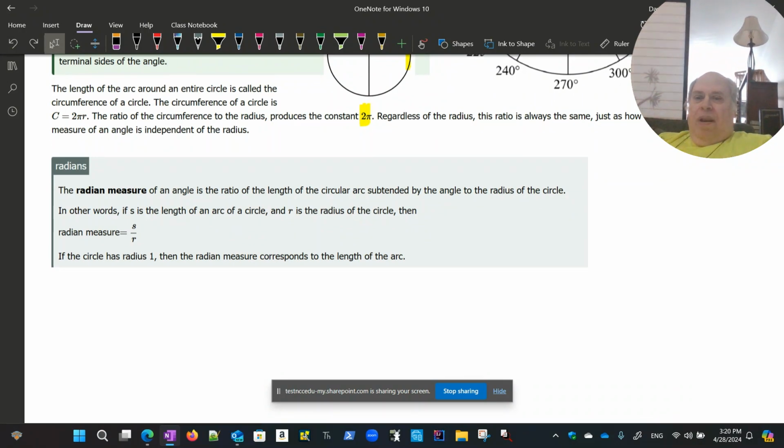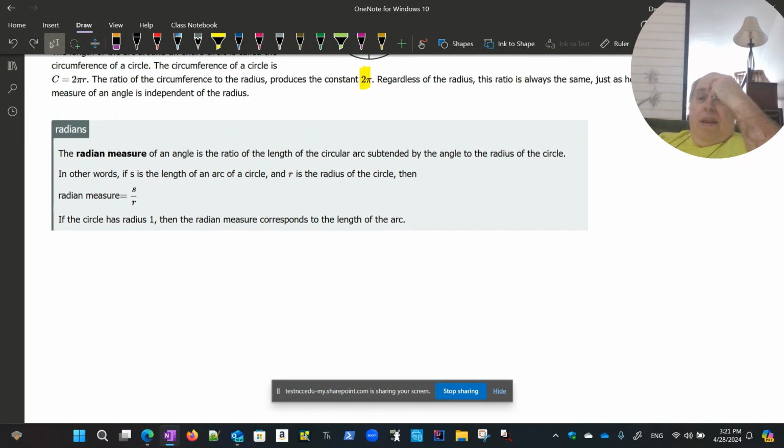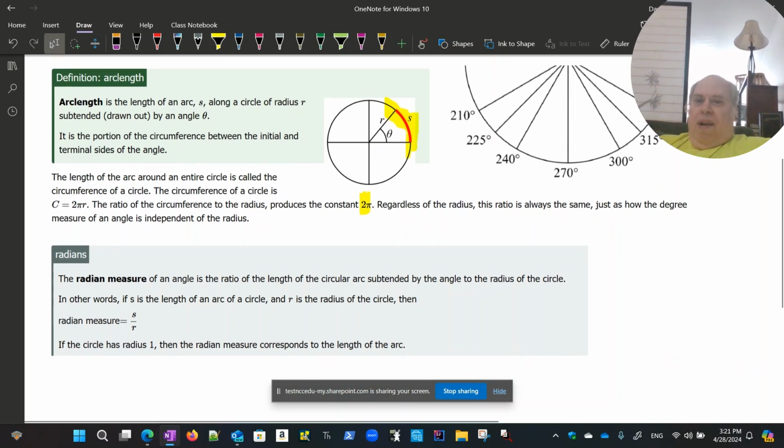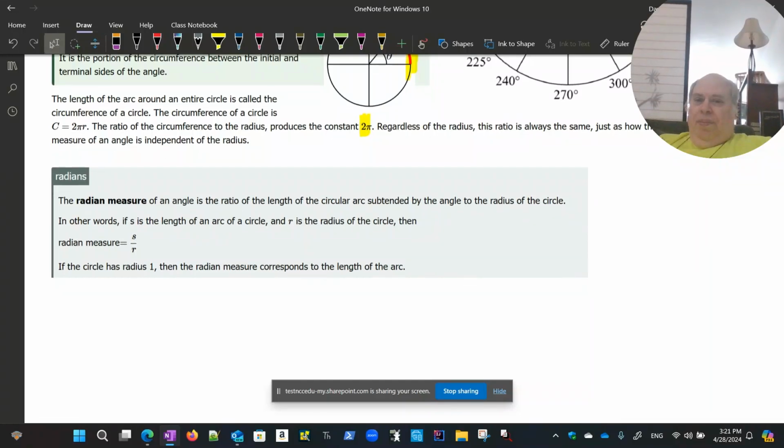And the way it's going to work is this: it's the ratio of the length of the arc, this arc length over here, to the radius of the circle.